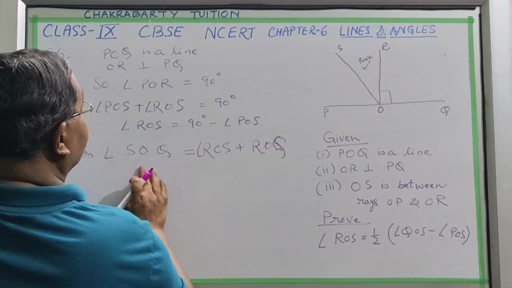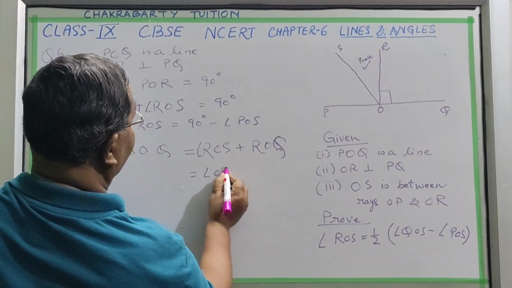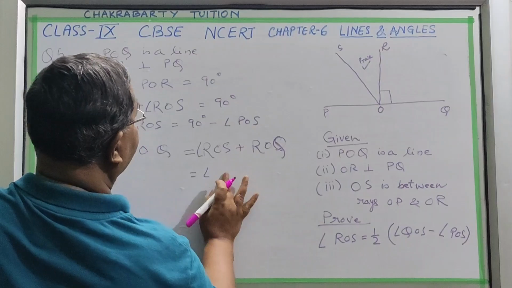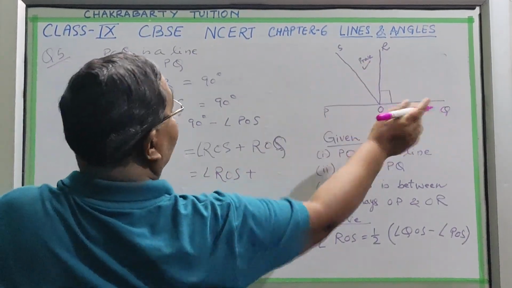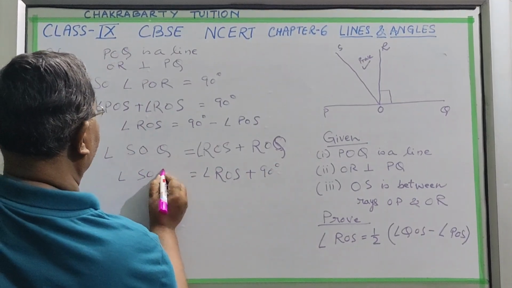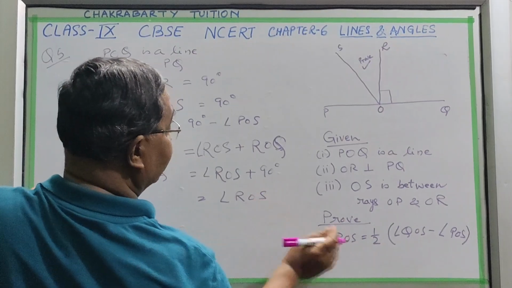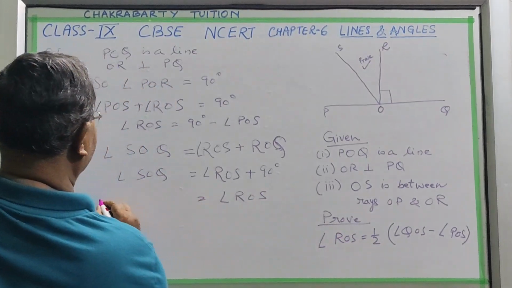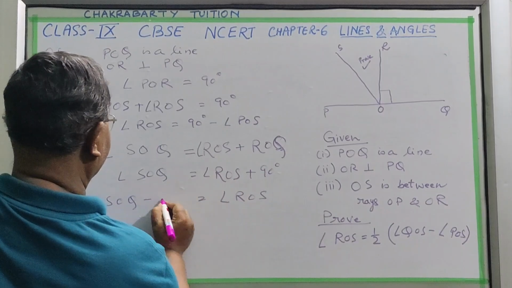So angle SOQ equal to angle ROS plus 90 degree. Because we have to prove ROS, angle ROS is equal to angle SOQ minus 90 degree.